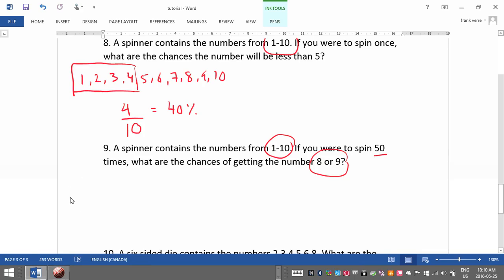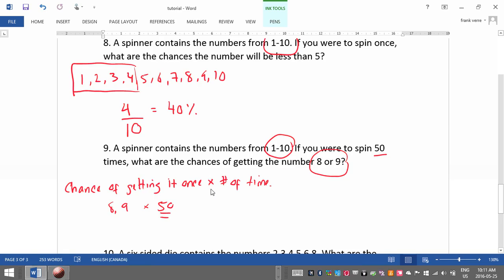Remember, it's the chance of getting it one time, times the number of times you do it. So what are the chances of getting 8 or 9? And then we're going to multiply that by the number of times we spin it, which is 50. Okay, try it now, and then we will do the solution.